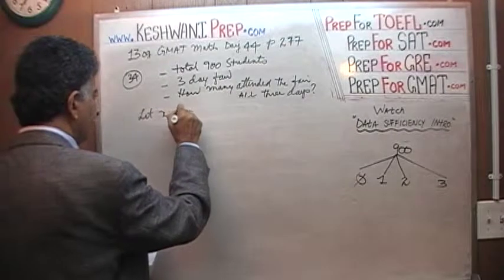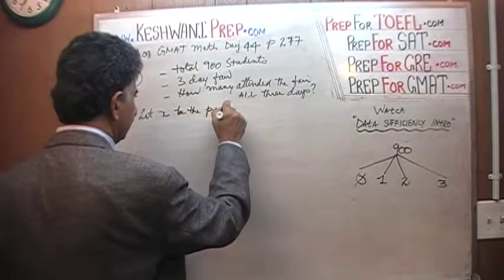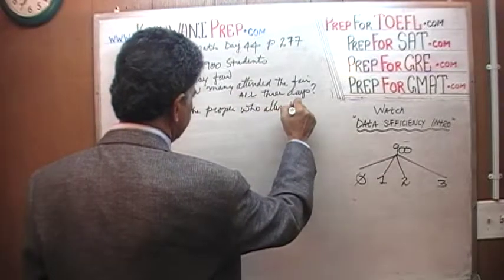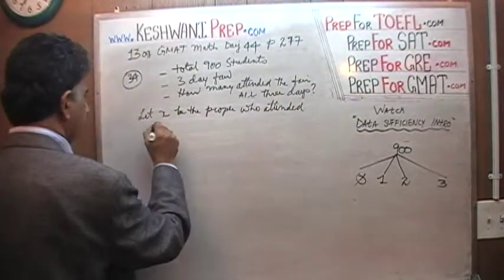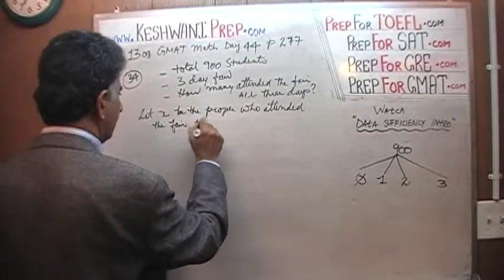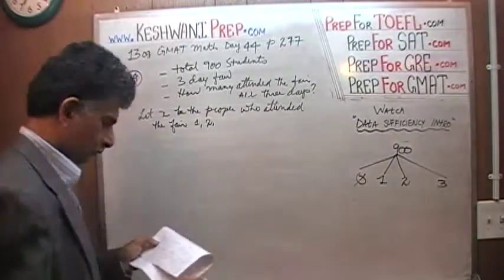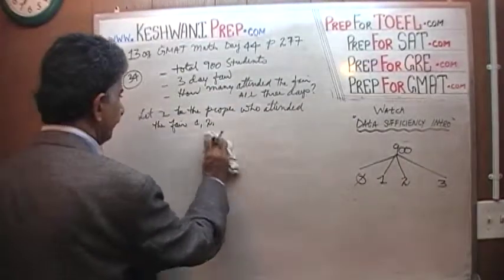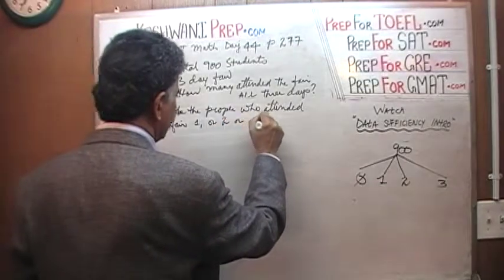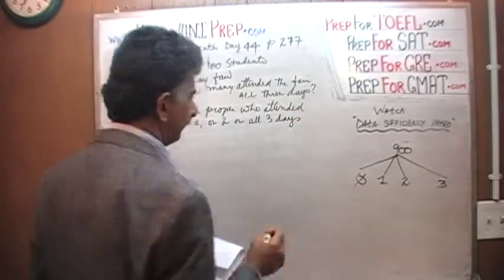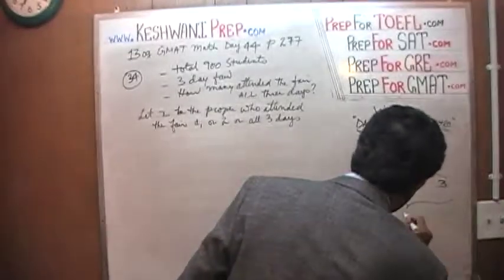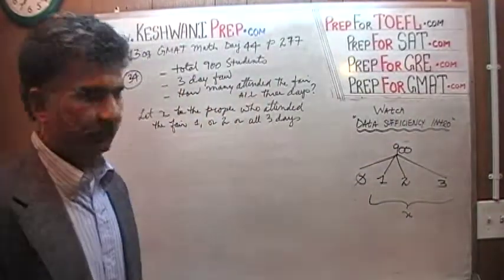Let X be the people who attended the fair 1 or 2 or all 3 days. In other words, I'm calling this X number of students. That's what that is.